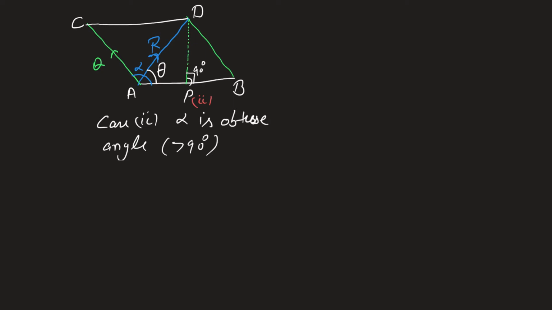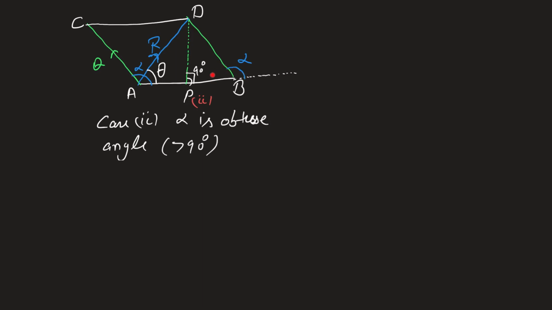So if I produce it like that, this angle will also be alpha. There would be no exaggeration if I write here as alpha, and we know that the total angle on a line is 180 degree and this part is alpha.